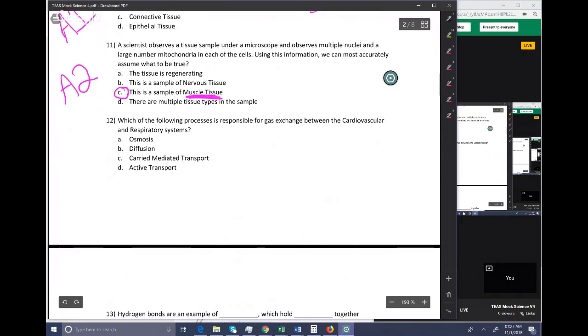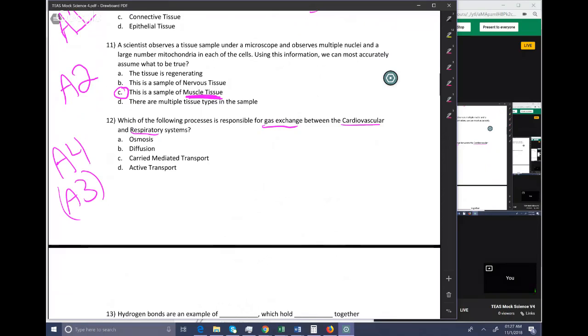Question 12 is anatomy 4. I also mentioned this in anatomy 3, and I'll mention how it comes from both classes in a second. Which of the following processes is responsible for gas exchange between the cardiovascular and respiratory systems? If you think about where the cardiovascular interacts with the respiratory system, what moment in time we see them together, that would be at the alveoli.